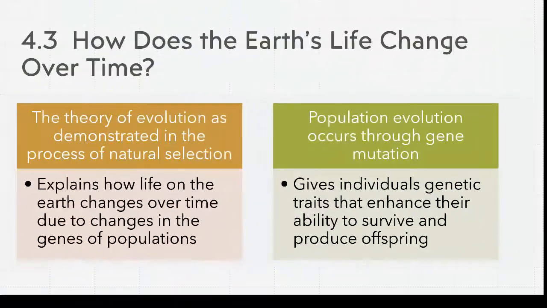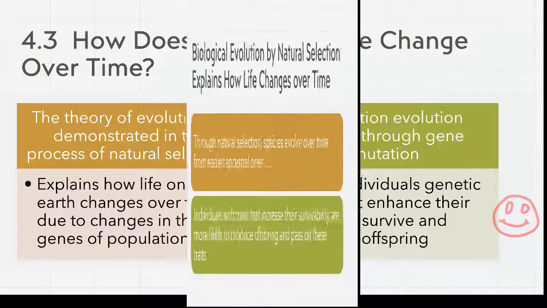How does the Earth's life change over time? The theory of evolution, as demonstrated in the process of natural selection, explains how life on the Earth changes over time due to changes in the genes of populations. Population evolution occurs through gene mutation, which gives individuals genetic traits that enhance their ability to survive and produce offspring.